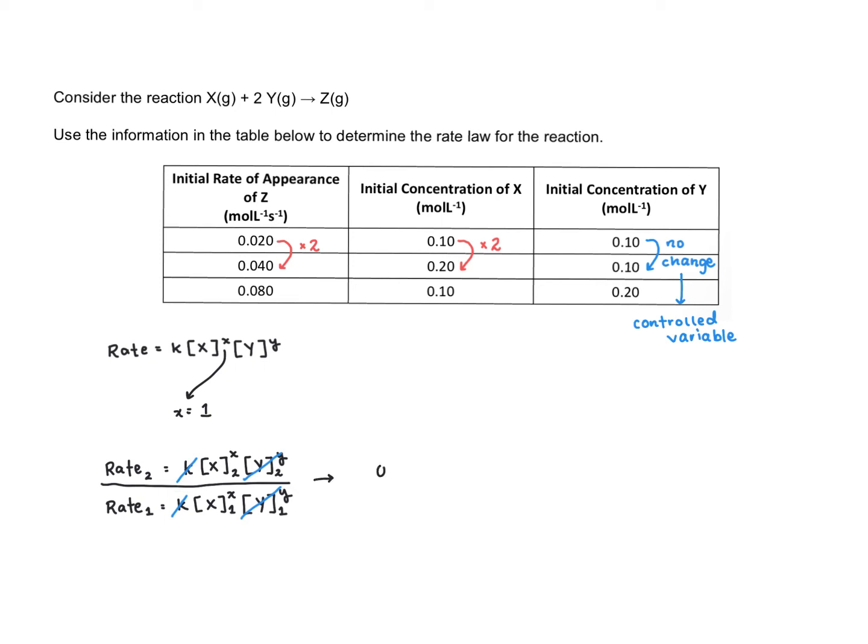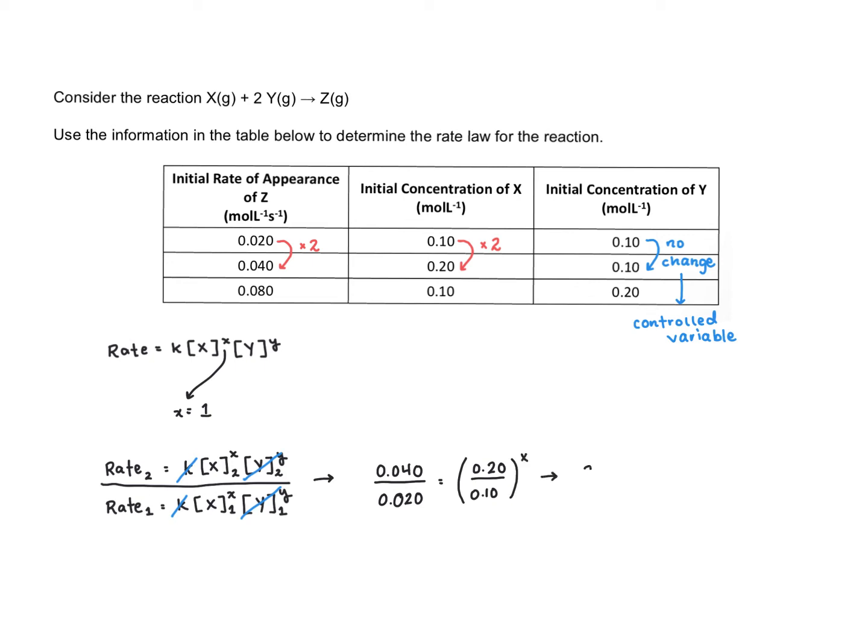So our rates ratio will be 0.04, and I won't include units here just for simplicity, over 0.02, and that's going to equal, now we can put our concentrations into one fraction, so 0.20 over 0.10, and we can raise both of these numbers to one exponent.